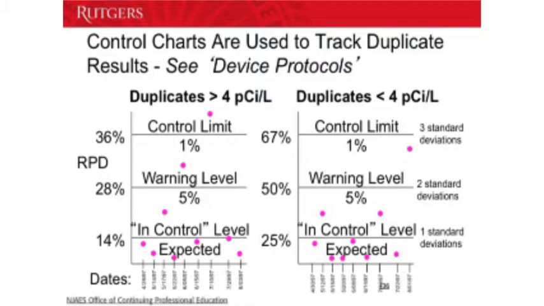We expect them to be less than 36% relative percent difference, which, if you recall from the simultaneous method, is where we expect to see most of our data. But that's just another way of saying that we do expect 1% of the data to be outside that 36% relative percent difference.